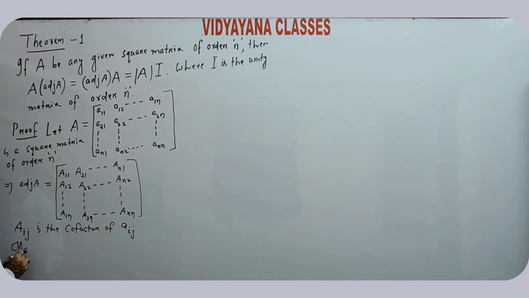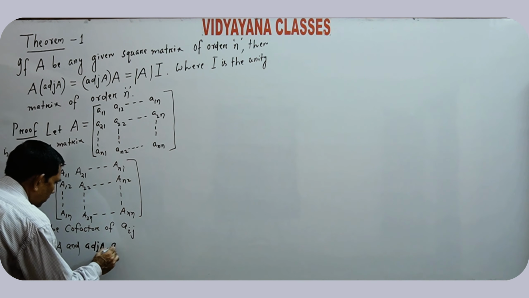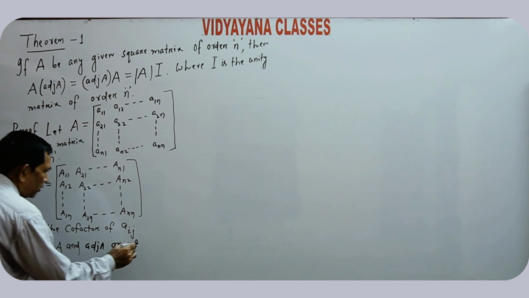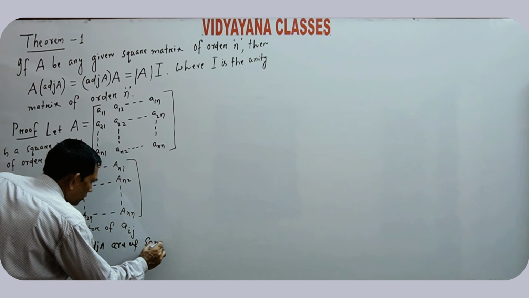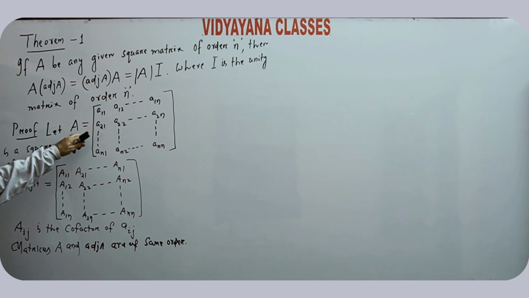Matrices A and adj A are of the same order. A is a matrix of order n. Adj A is also a matrix of order n.